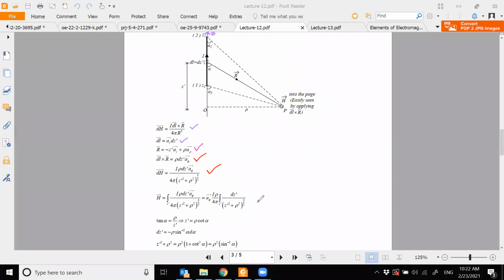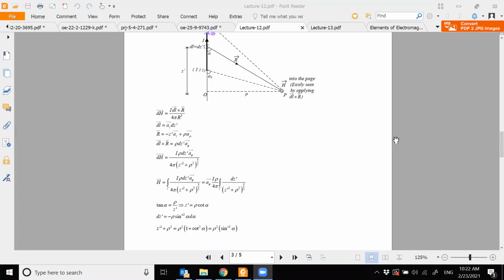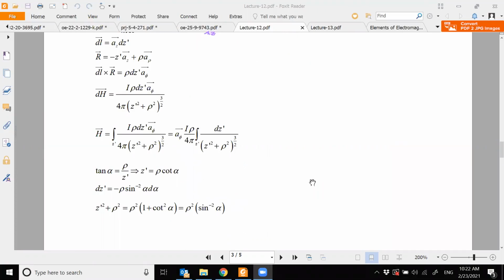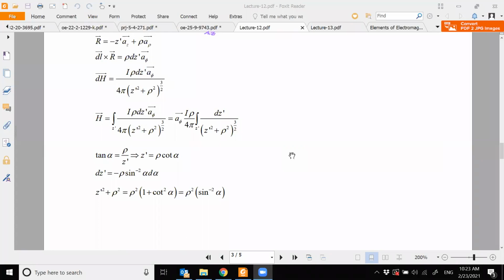Now this is the integration: the integral over z' of dz' over z' squared plus rho squared to the power of 3 by 2. For this, we need to borrow the integration methods, and here we use the method using trigonometry, where we assume that tan alpha is rho over z'. Therefore, z' will be rho cot alpha.